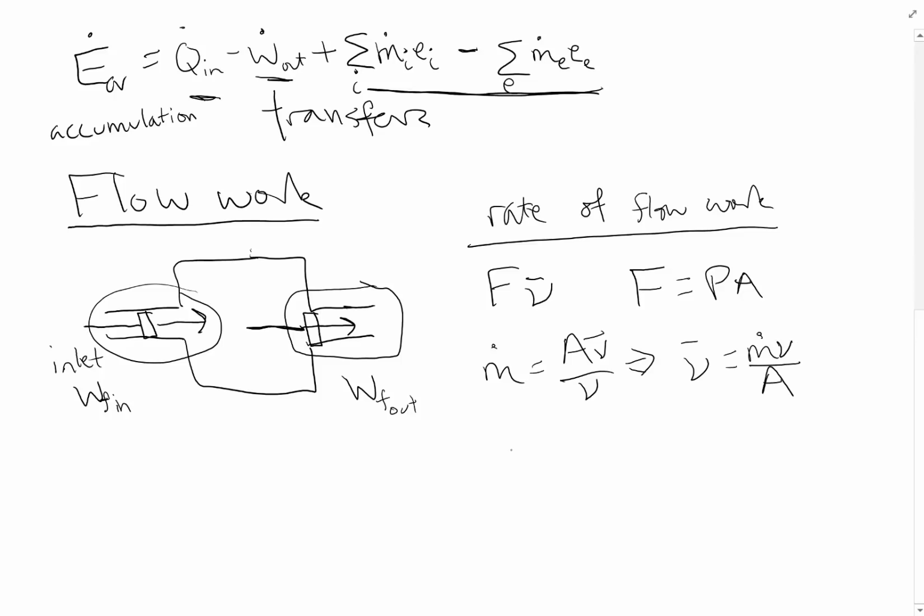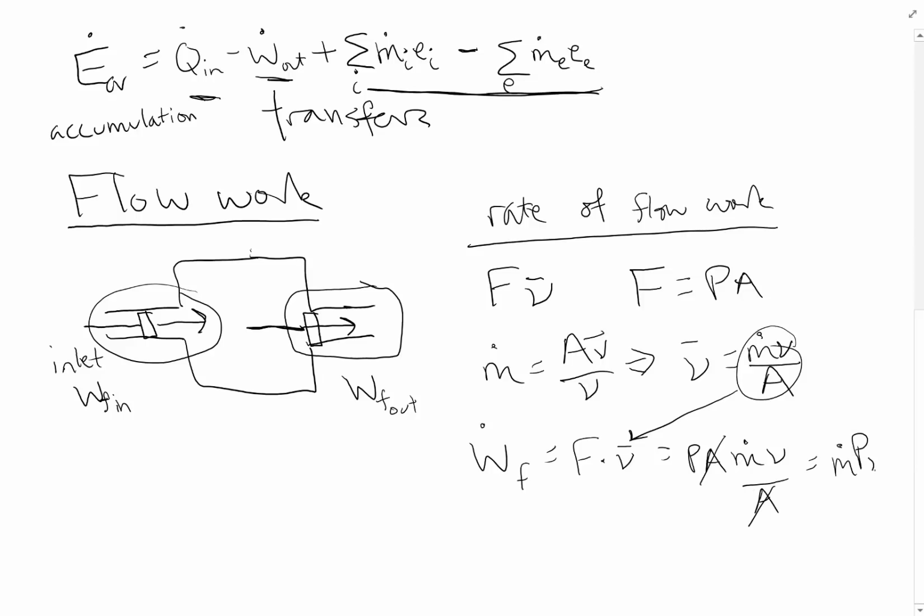So putting those two things together, flow work, which was equal to force times velocity, is equal to pressure times area times mass flow rate times specific volume divided by area. Right? So there's the substitution for velocity. Areas cancel, and what you get is m dot times pressure times specific volume. Okay.